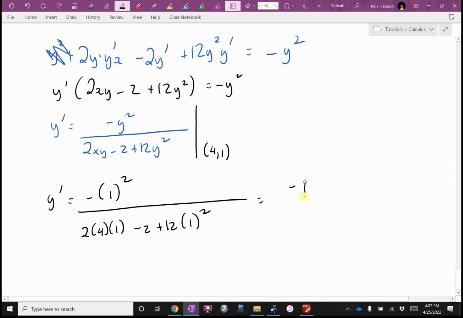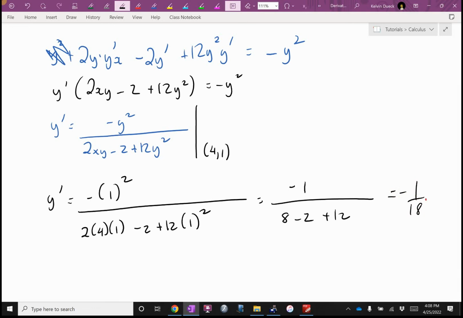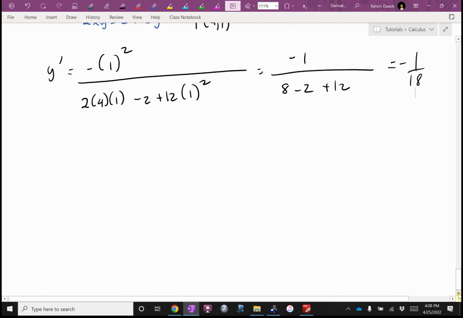Negative 1 all over 8 minus 2 plus 12. 8 minus 2 is 6 plus 12 is? So this ends up being negative 1 over 18. What's the slope at 4, 1? Negative 1 over 18. So now I can write the actual tangent line.